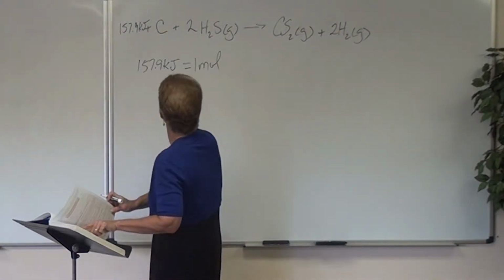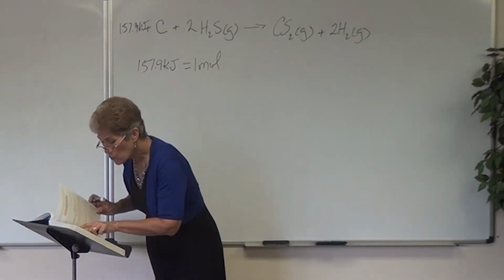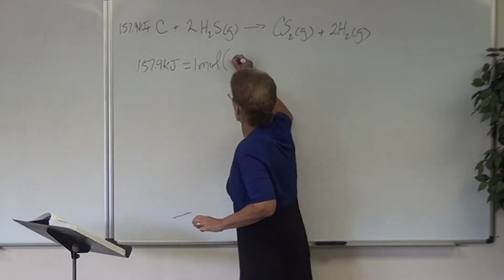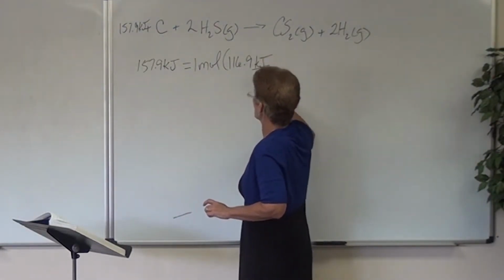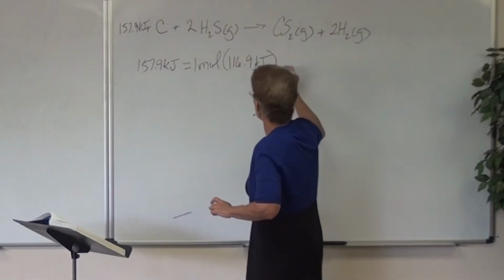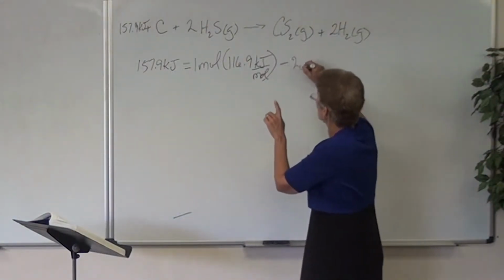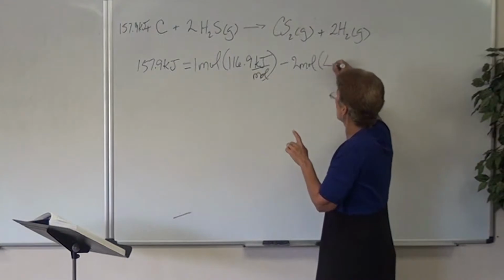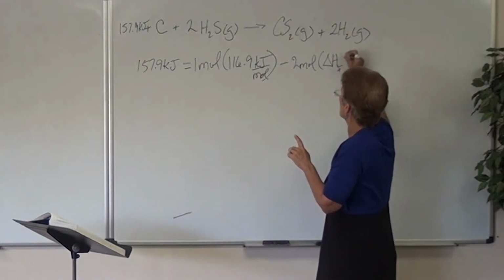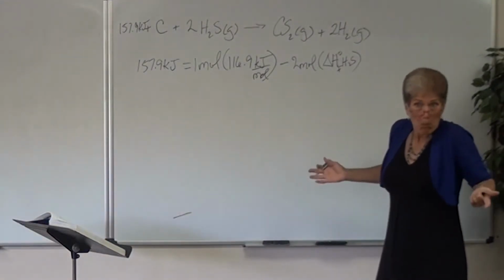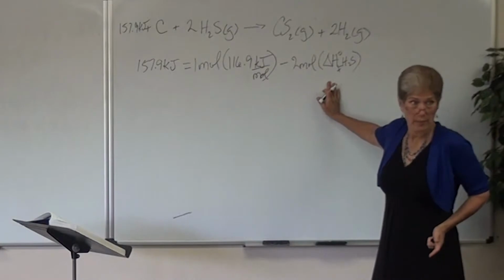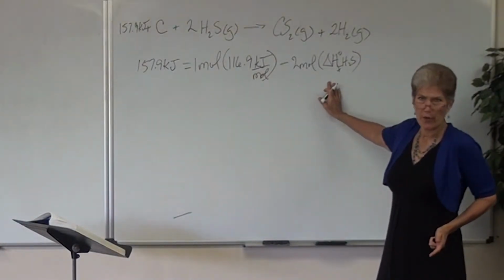Is this one a gas? Yay, it is. And so it's 116.9 kilojoules per mole, minus 2 moles of the formation enthalpy of H2S, right? Which is what we're looking for. You could just call this X if you like. Be a lot cleaner, okay?